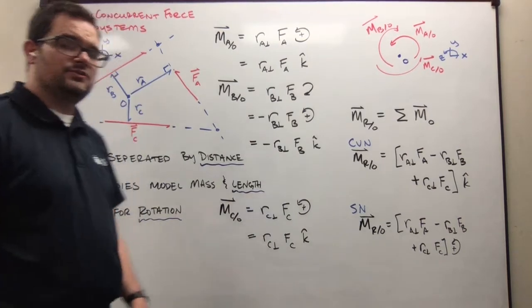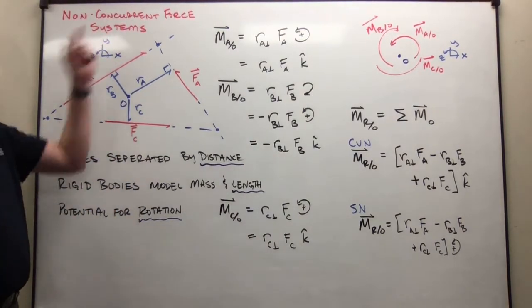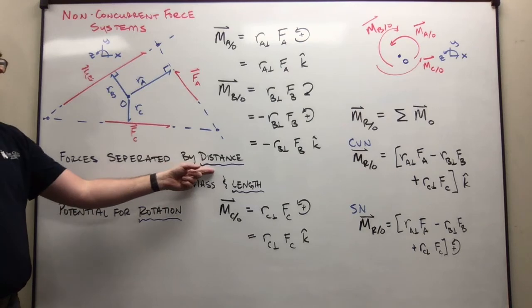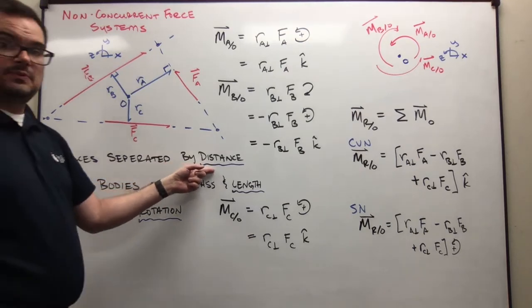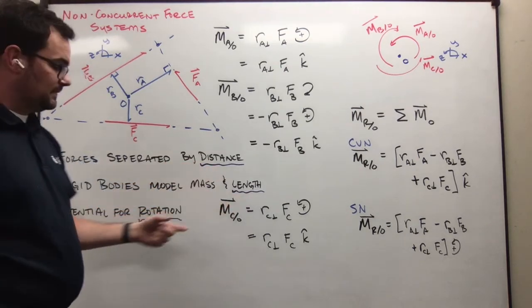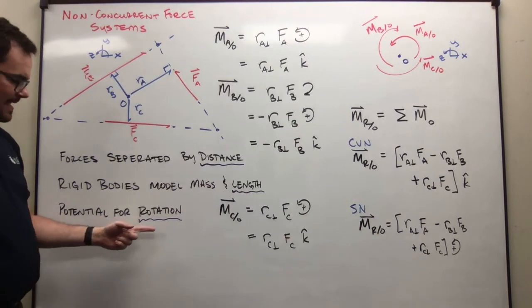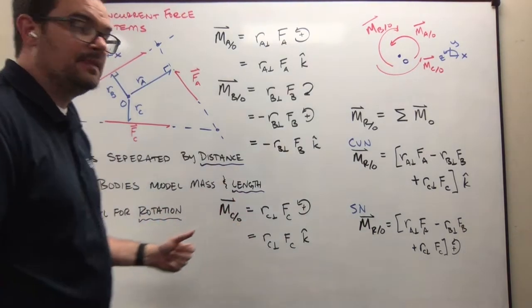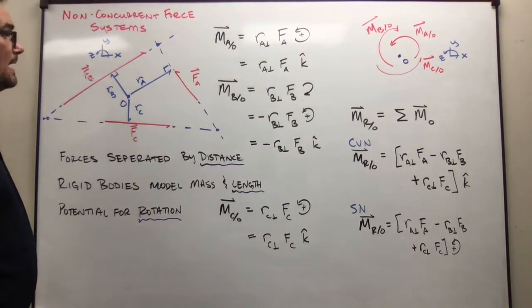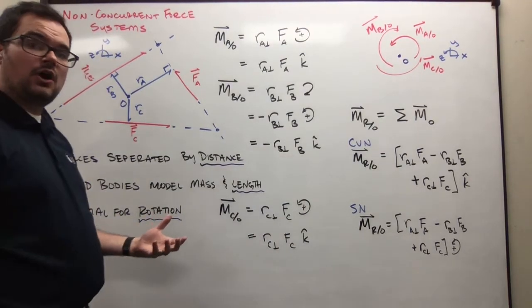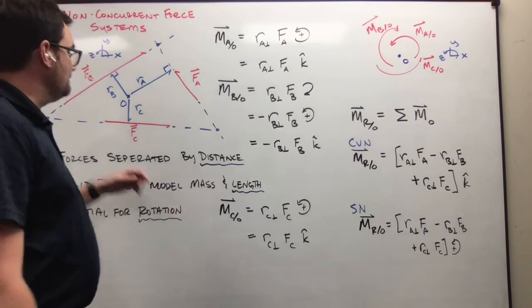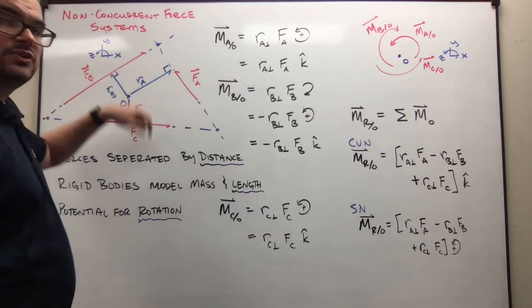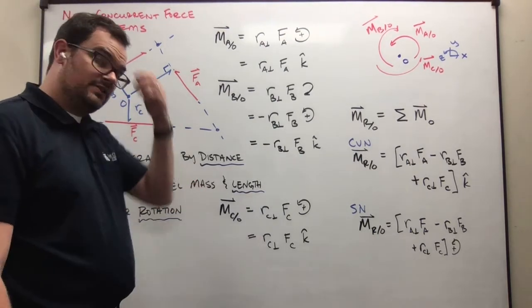All right, so let's review real quick. Our moments, non-concurrent force systems, are going to have distances, which means we can model things with length, so that's useful. We haven't really talked about that yet. They're going to cause rotation, so a moment's going to tend to cause rotation. We said that our magnitude will be the cross product, R cross F, or the position vector from the origin to where the force is applied, crossed with the force vector.